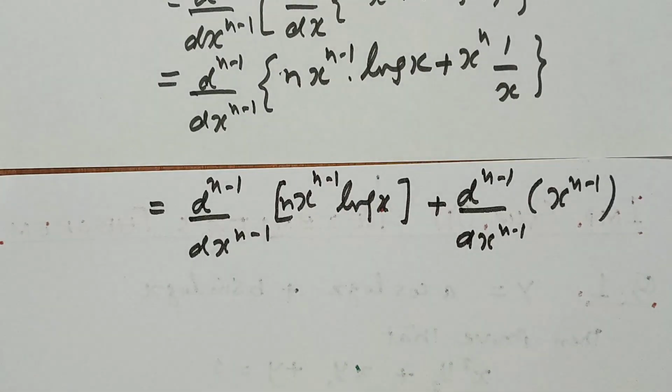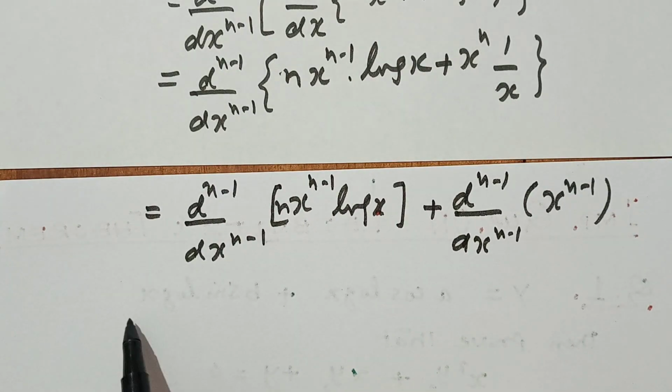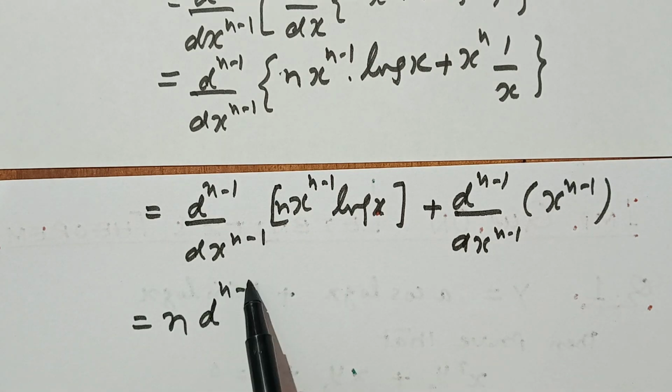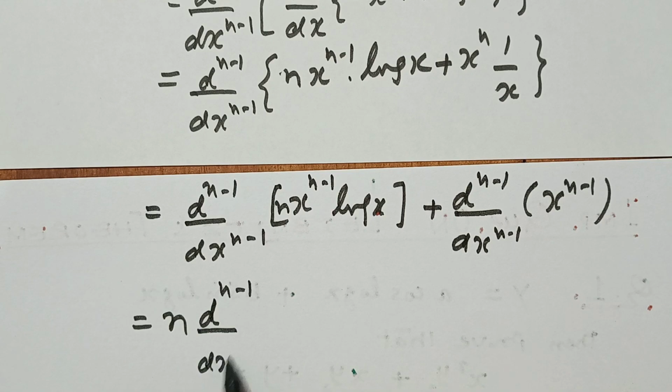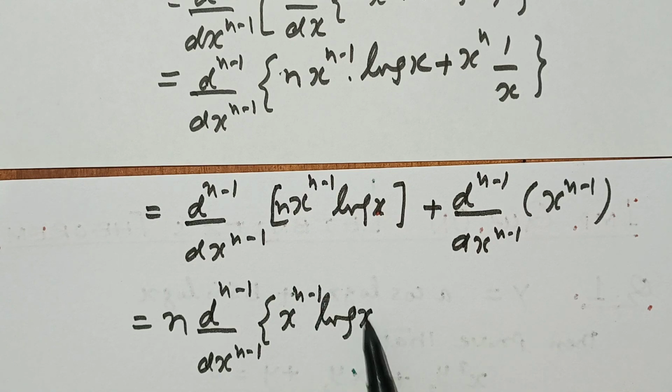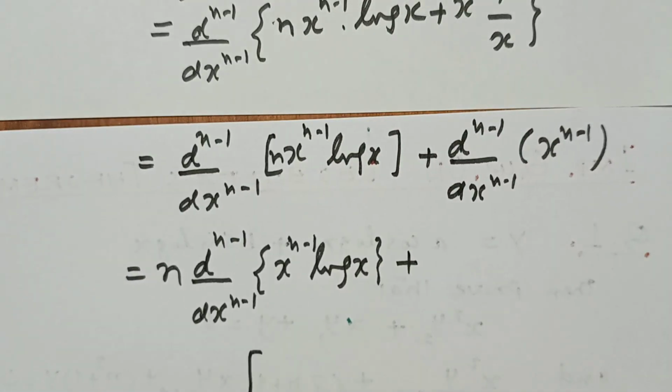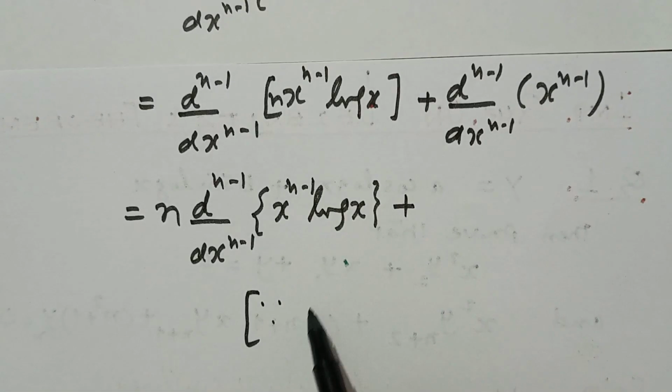Now this is very easy to see. n is constant, so we can take it outside: n d^(n-1)/dx^(n-1) of x^(n-1) log x plus, as we know, the differentiation of x to the power n times. So we have dy by dx.